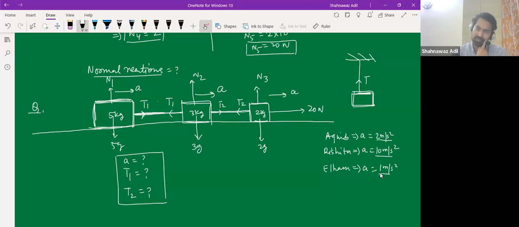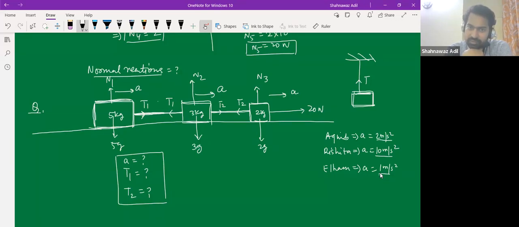Okay, so good. Were you guys able to draw the free body diagrams of each block? Yes, sir. Okay, so then why didn't you get the answer?